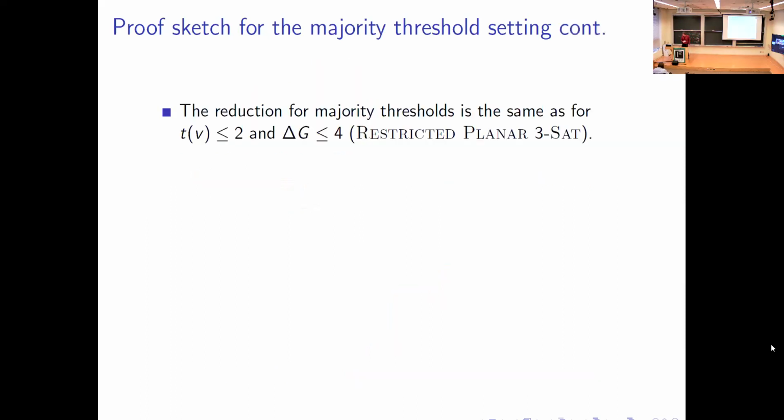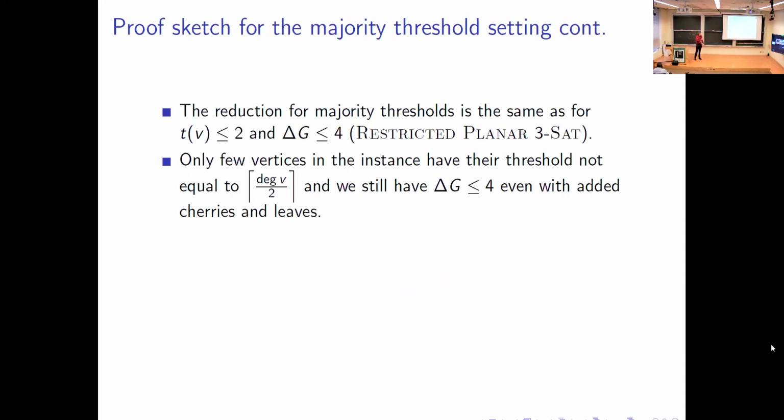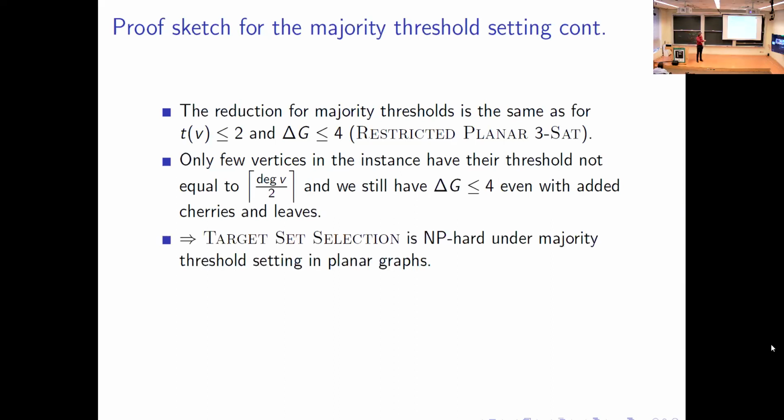So the proof is the same, and I would have to go into the technical construction, but in the gadgets there are not many vertices which have their threshold not equal to majority. So this still holds even with majority thresholds.